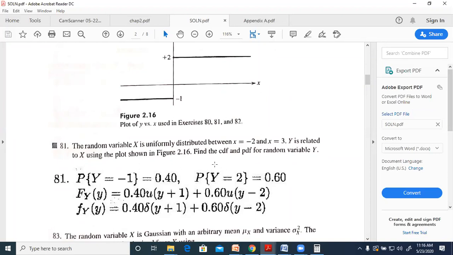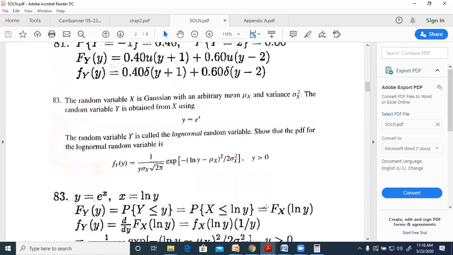Now this is nothing but capital F y, and that will give you u of y plus 1 here and u of y minus 2 here. If you differentiate this, the unit step will become a unit impulse. Similarly, 80 and 82 can be solved in the same way. So it's very simple over here.